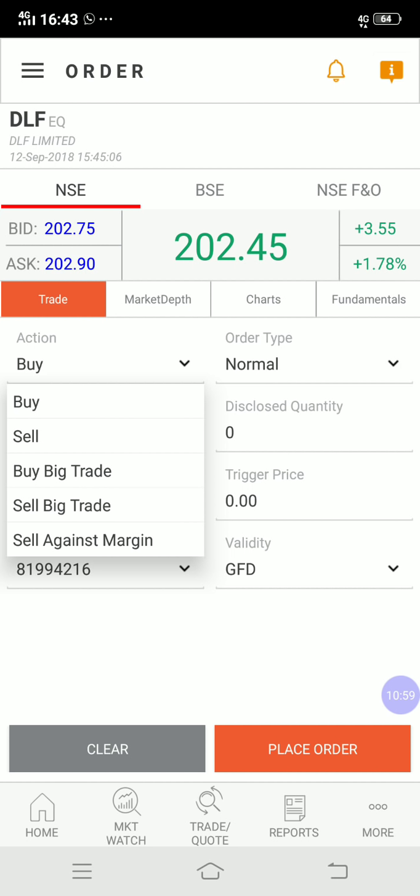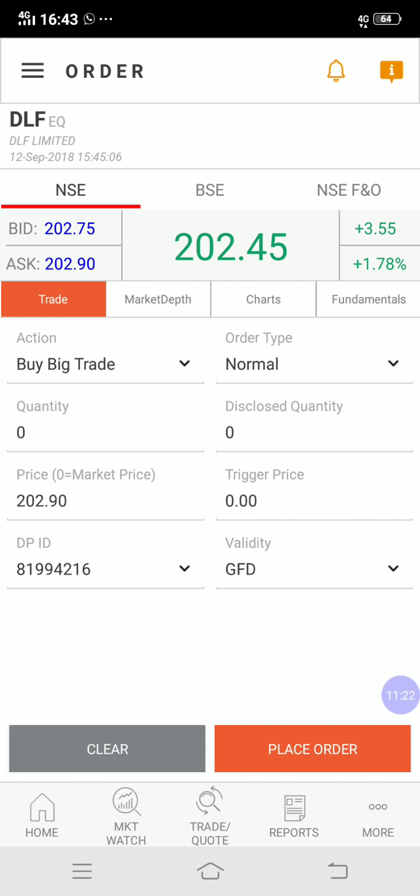That means for intraday it is 10 times, and for delivery it is 4 times. So for example, I have an amount of 10,000, so I can buy 40,000 of shares to take into delivery, which has a time period of T plus 4 days. So I just need to click buy big trade in the normal itself and place order.